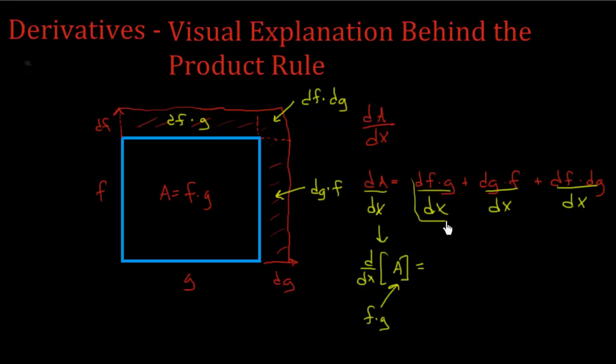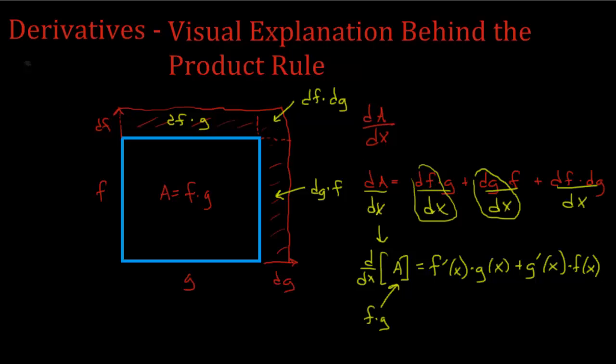Now, df dx stands for the derivative of f times g. Plus this, that's the derivative of g, so that's g prime times f of x.